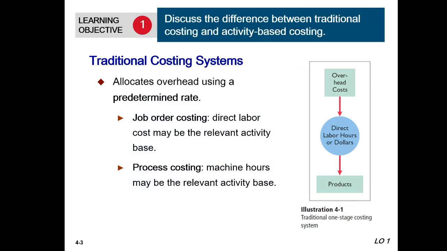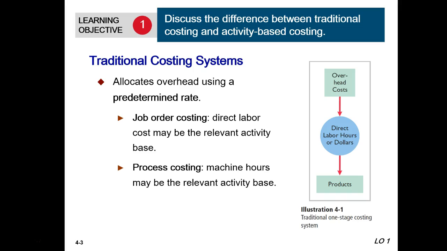Now, as you know, under the traditional methods that we've talked about in these previous chapters, we allocate overhead based on a predetermined rate. With job order costing, we generally look at direct labor, and we will create a predetermined rate, generally speaking, based on labor cost or labor hours.